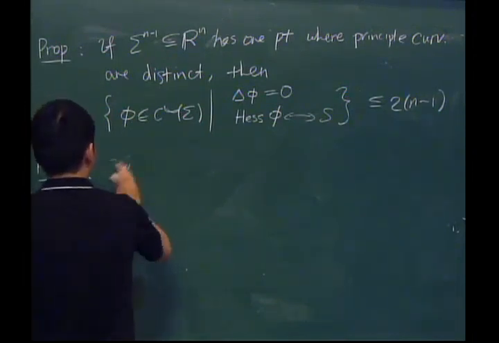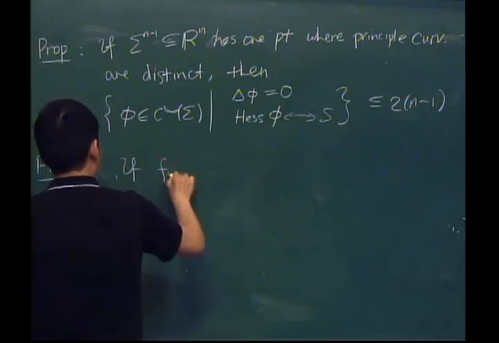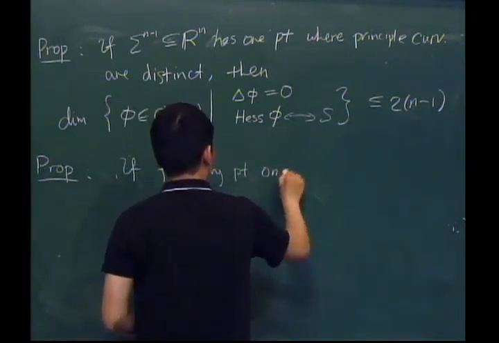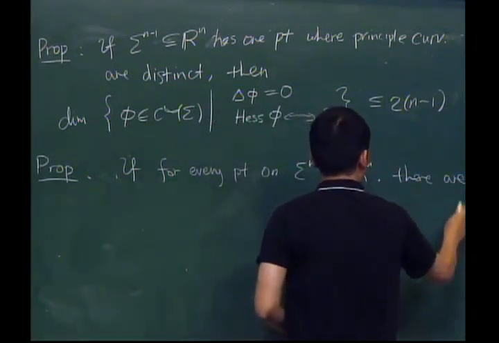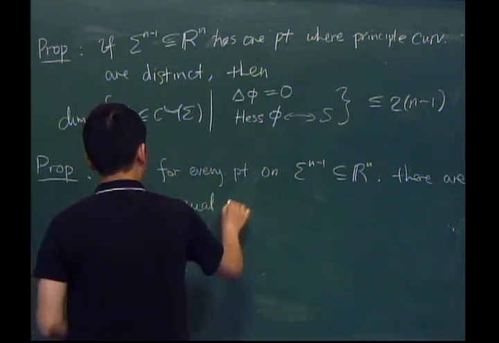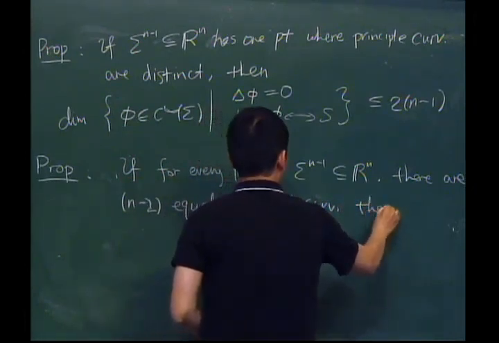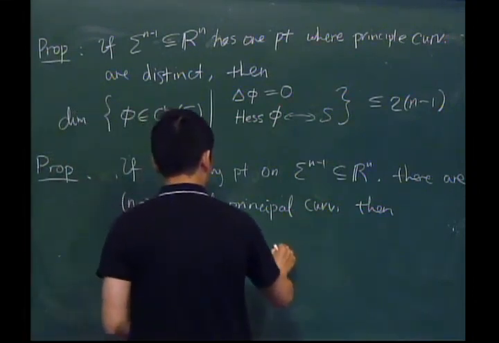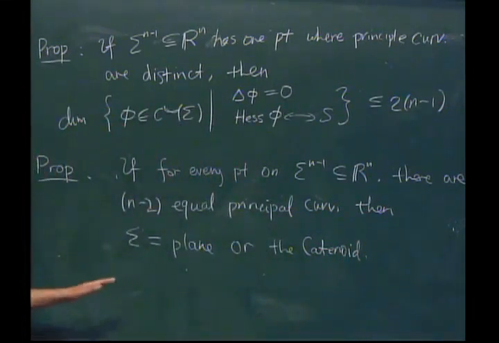And in general, we have the following: if for every point on the surface there are n minus 2 equal principal curvatures, then sigma can only be the plane or the higher dimensional catenoid, where we know the index explicitly.